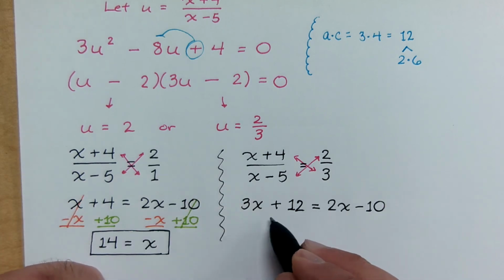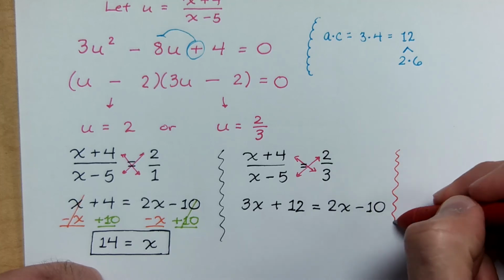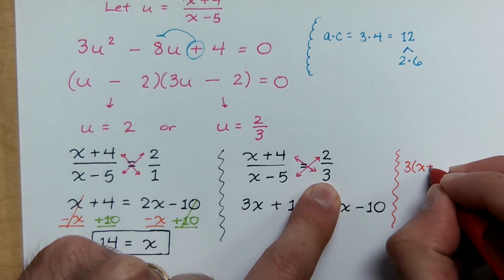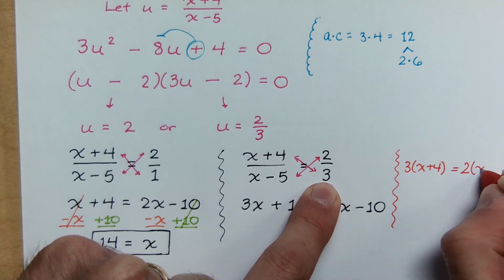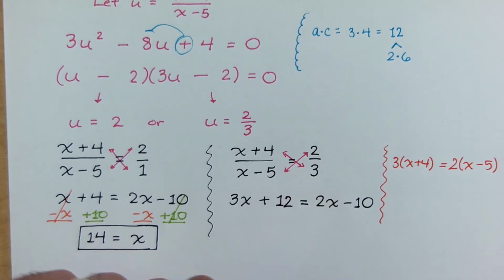If you are not seeing how we get here, then you need to consider what this looks like off to the side, where you have 3 times x plus 4 is equal to 2 times x minus 5. If you need to write that first and then distribute, that's fine. Okay?